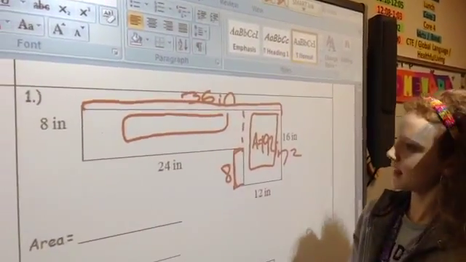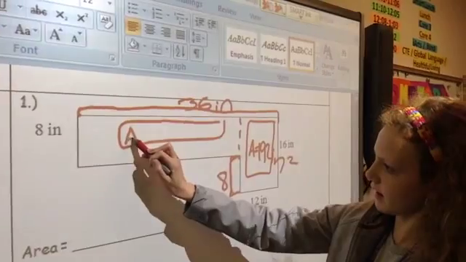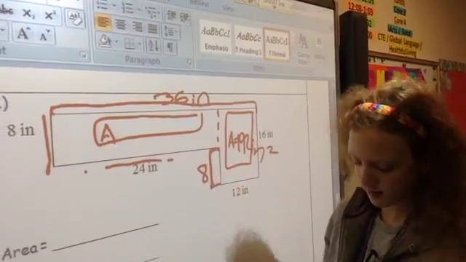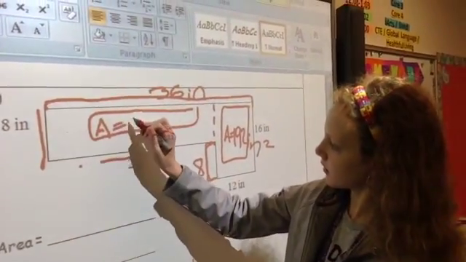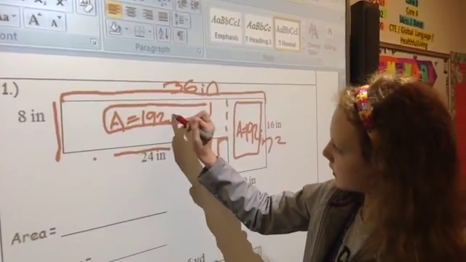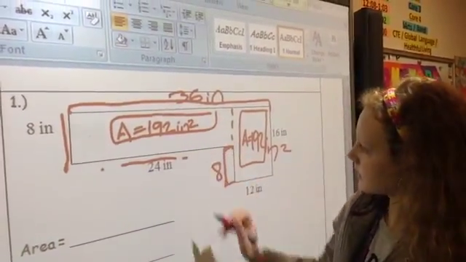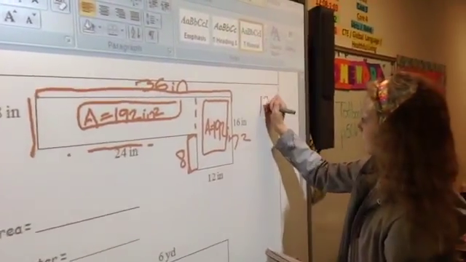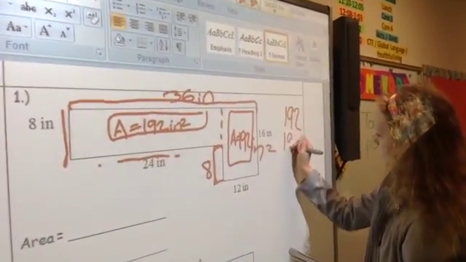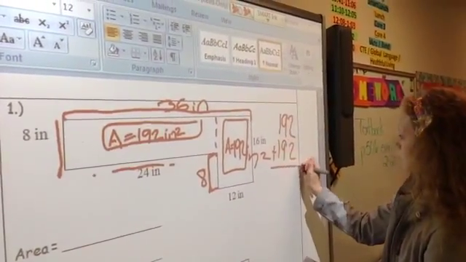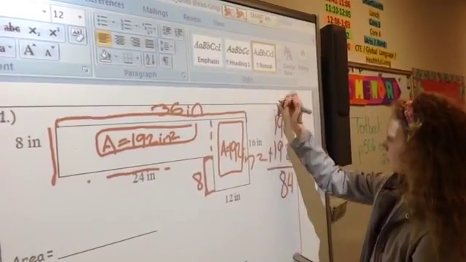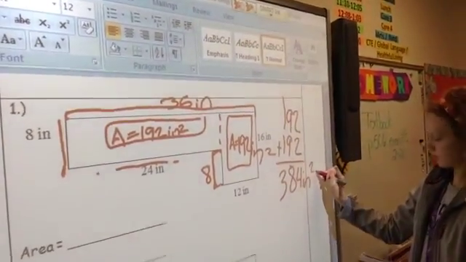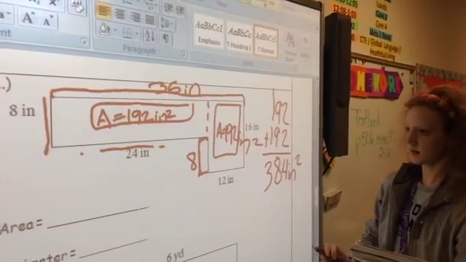And then for this area, I did 8 times 24, and I got 192 inches squared. And then since I have two different shapes, I had to add them together. So 192 plus 192, you get 384 inches squared. So it ended up being the same answer as the way Carmen did, right?